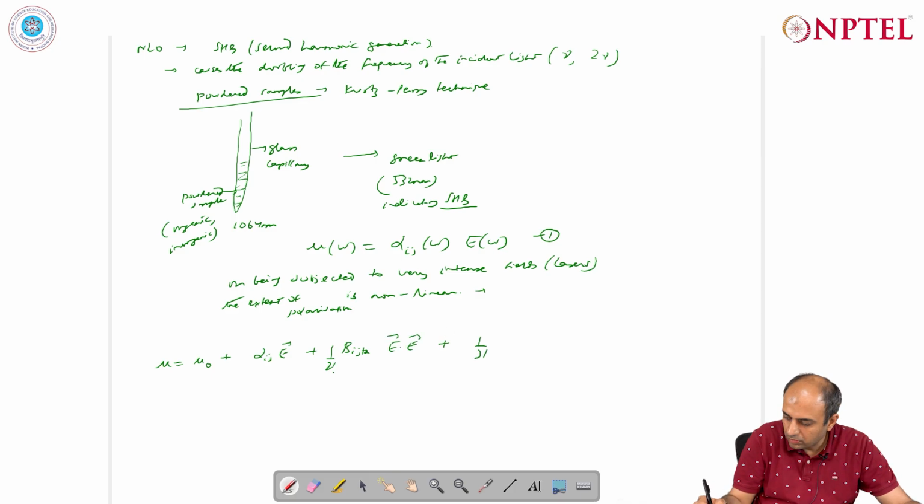plus a gamma term comes in, and these are the nonlinear terms. This is the linear response.